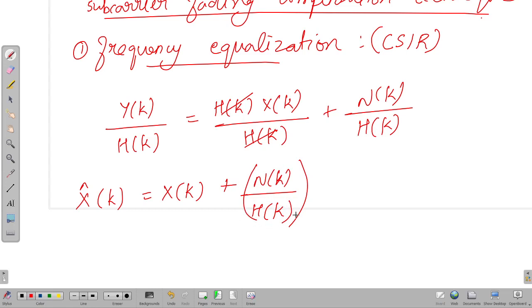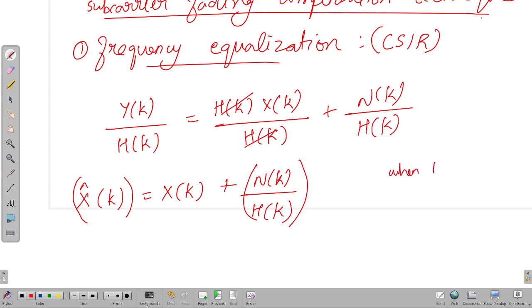Depending on the value of h of k, it can largely influence the value of x cap of k. If h of k is a small value, which means the channel is not so good, then n of k divided by h of k is going to be a large value.